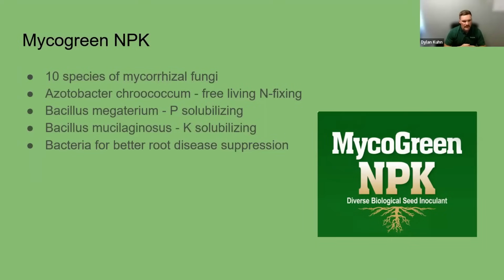It also has an azotobacter, a free-living nitrogen-fixing bacteria. It also has a couple of bacillus products that are phosphorus and potassium solubilizing, and then a few bacteria in there for better root disease suppression. This can be applied on the seed and in furrow.